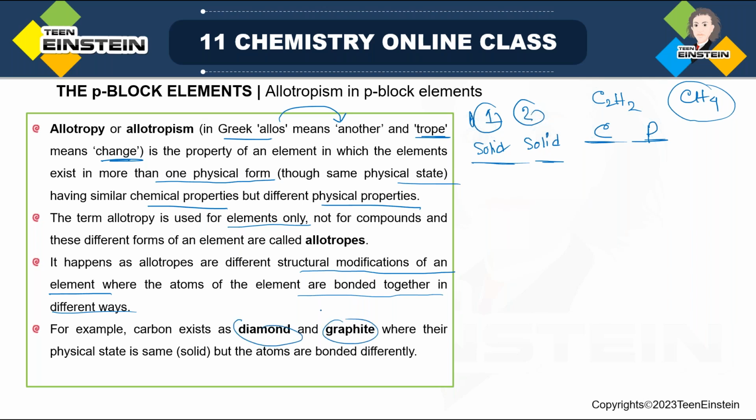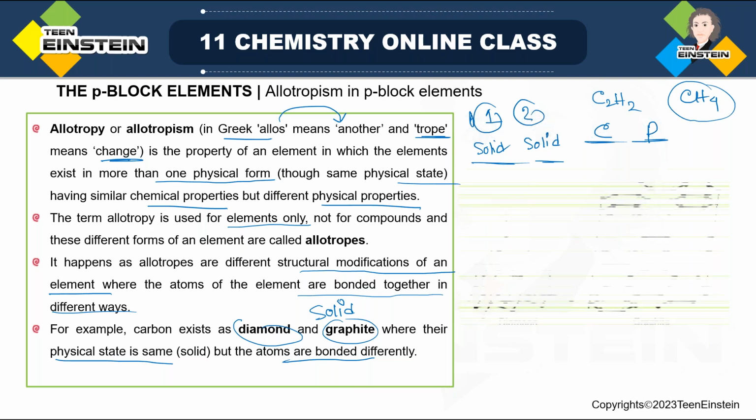Both are solid, but their bonding pattern is different. So structurally they are different. Though their physical state is the same, because of this different bonding, we have different allotropes for carbon. So it shows allotropy or allotropism.